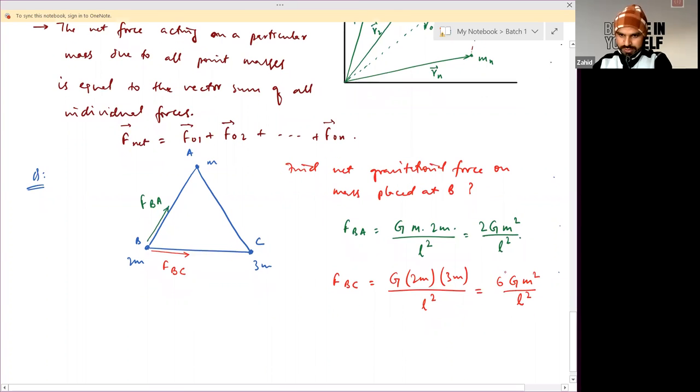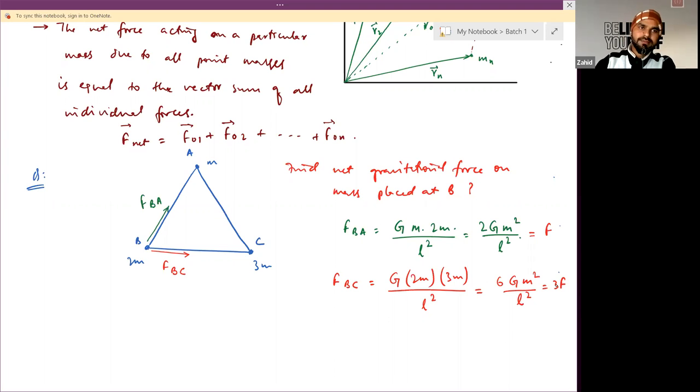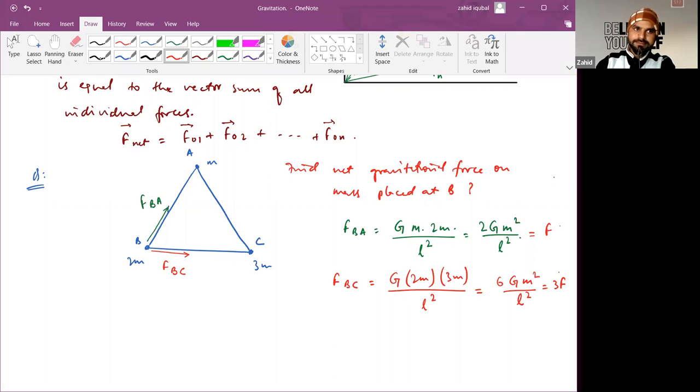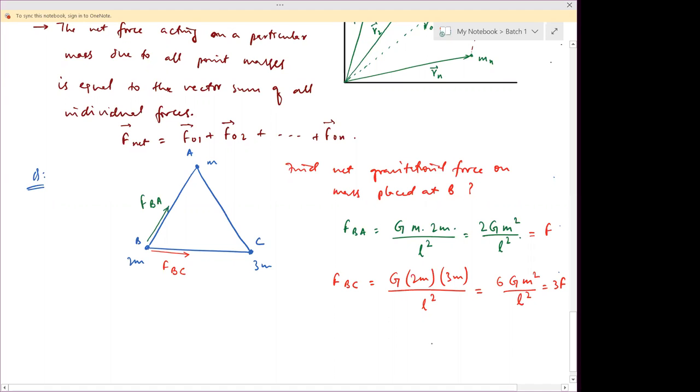Now, try to write these two terms in simplest form. If we take this particular term to be F, then this will be 3 times that. So we can write it as 3F. Hamza, is it clear? Yes, sir.